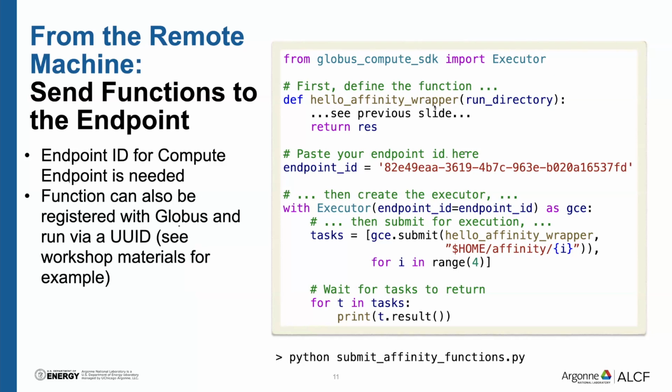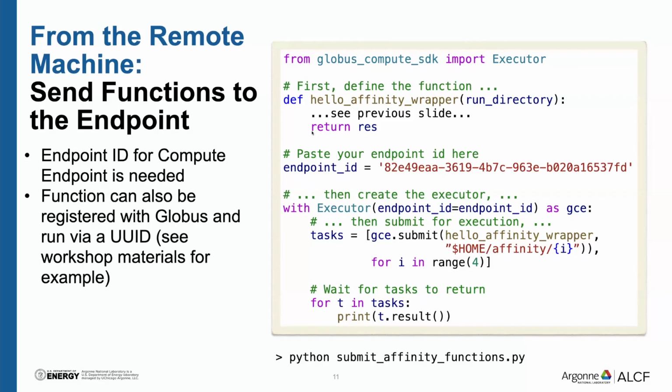Then you need to give it some information about the process running on the target machine, maybe Polaris, where you're sending this function. And in Globus Compute, this is something called the endpoint ID, and it's a UUID. This looks like a random string of numbers and letters, and it is, but we'll show you in a minute how you set up the endpoint and where you get this ID from.